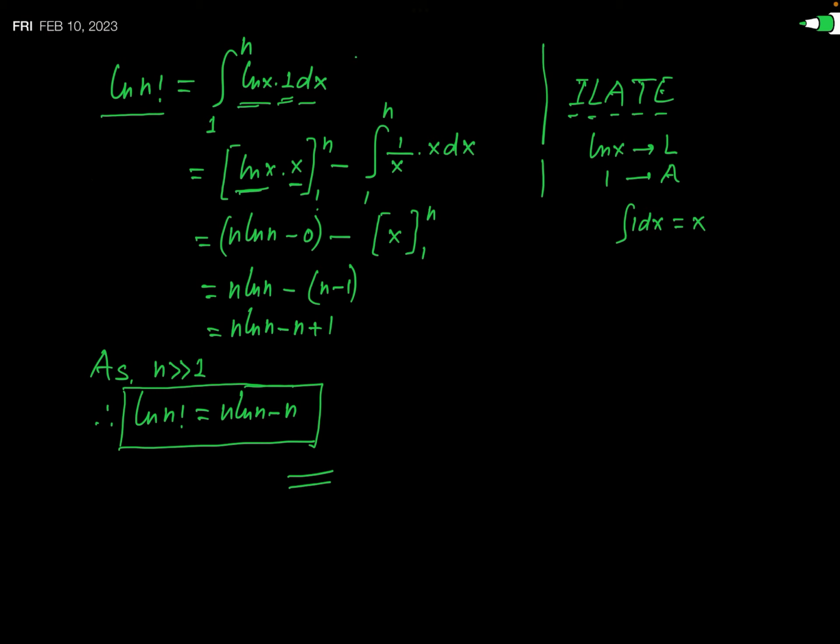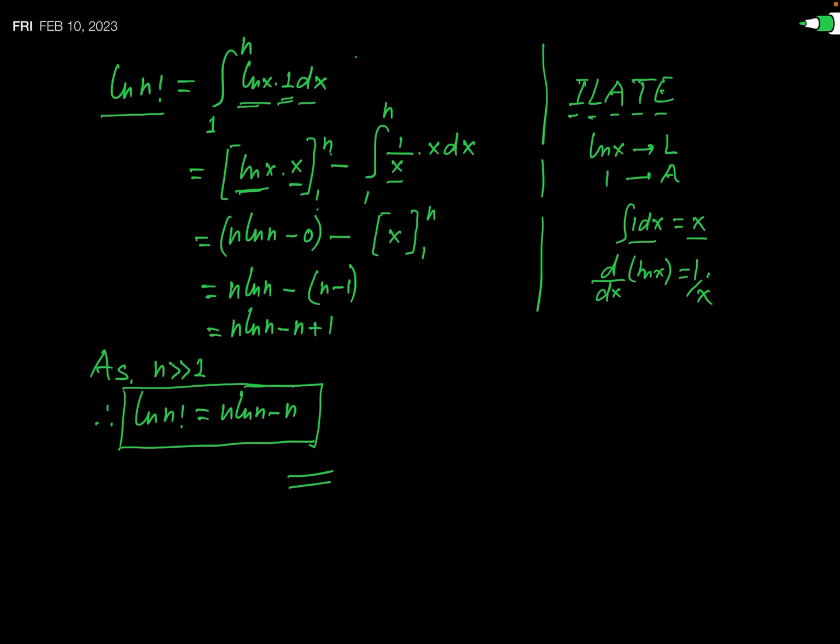Then, minus, in the formula there is minus integral of differential of first function. You know that the differential of first function, which is ln x, is equal to 1 over x. So I have written here 1 over x times integral of second function. Again, integral of second function will be equal to x. So here there is x. And limits are 1 to n.